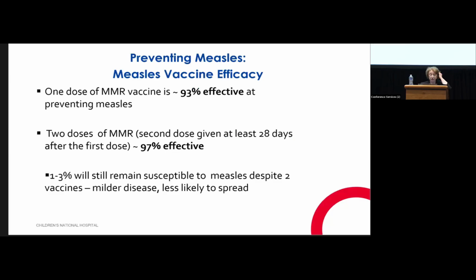So in terms of vaccine efficacy, measles, one of our MMRs, is one of our most effective vaccines. 1 dose is 93% effective at preventing measles. 2 doses are 97% effective. That leaves about 1 to 3% of individuals who can develop breakthrough infections, but these are usually milder infections with less tendency to spread.